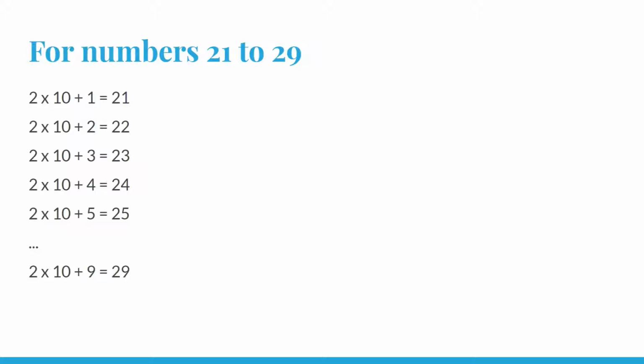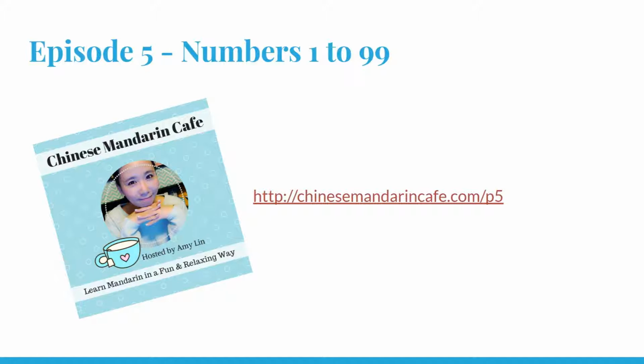With the characters we learned already, we know how to write 21, 22, and 23. We also use this for numbers 21 all the way to 99. Once you master numbers 1 to 10, you'll be able to say all the numbers from 1 to 99. I have a podcast episode on how to say numbers 1 to 99. You can check it out here.